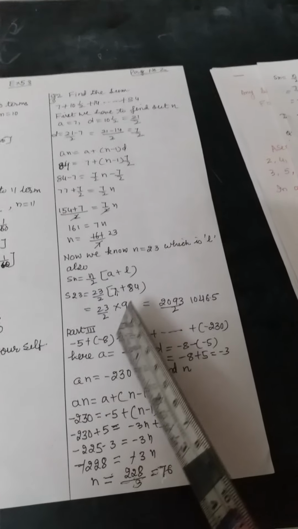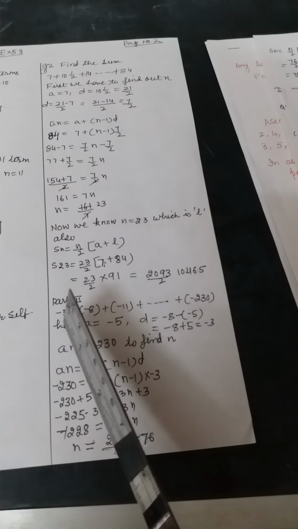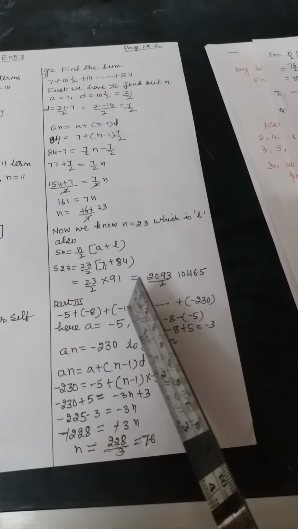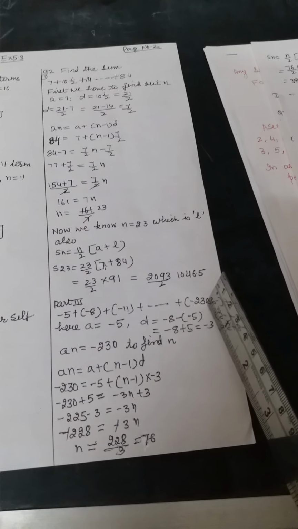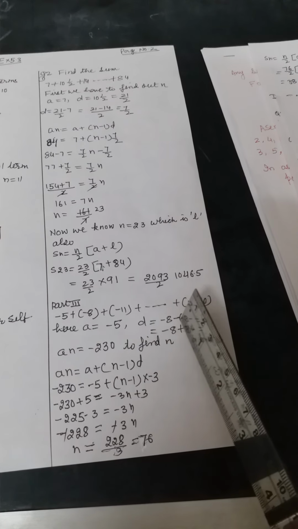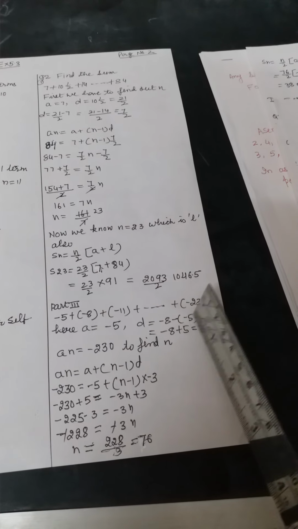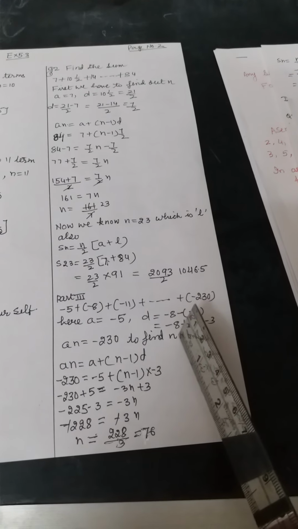Now part number 3 of question number 2. Here the AP is given -5 plus -8 plus -11, and the last term is given -230. So here a will be -5 and d will be -8 minus -5. Then the sign will change, then d will come -3. Then an is equal to -230. We have to find out n.